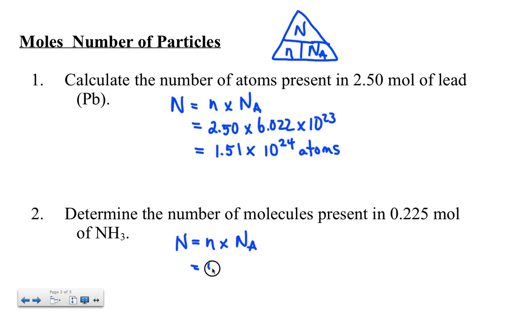And I'm taking 0.225 times Avogadro's number, which is 6.022 times 10 to the 23. This number again has 3 significant digits, so my final answer should be reported to 3 significant digits as 1.35 times 10 to the 23, and my units this time are molecules.